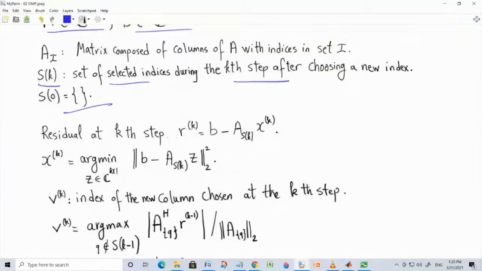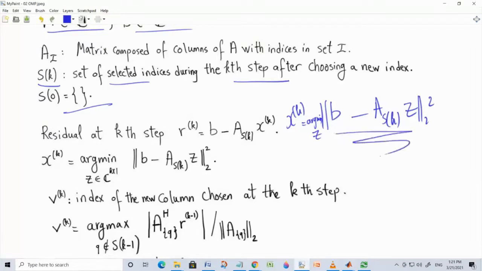At the kth step there is a least squares problem that you solve: you take the known vector b and the submatrix of A with those indices that you have been choosing at every iteration, and you try to find z that minimizes the L2 norm squared of this quantity. The minimizer will be x of k, so this is the argmin over z of this quantity here.